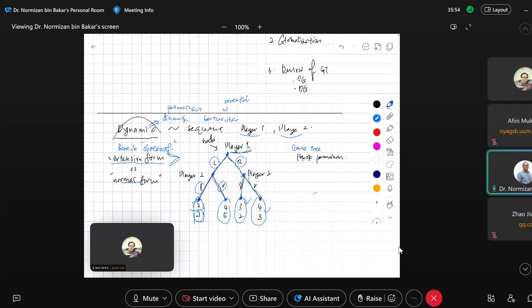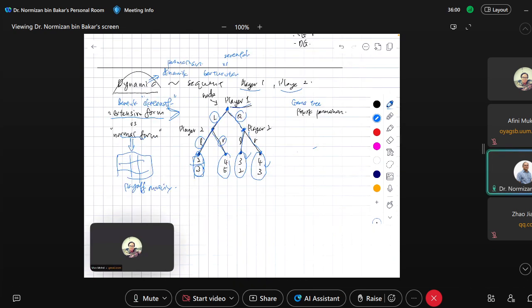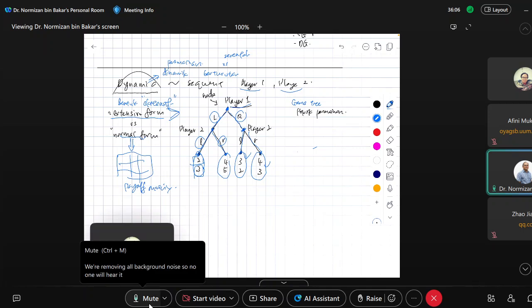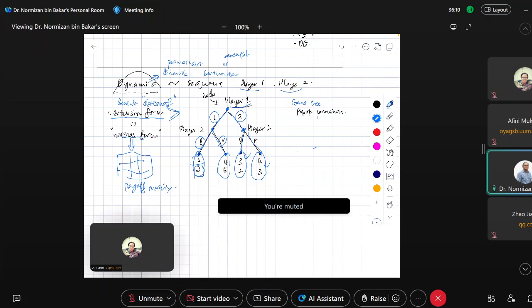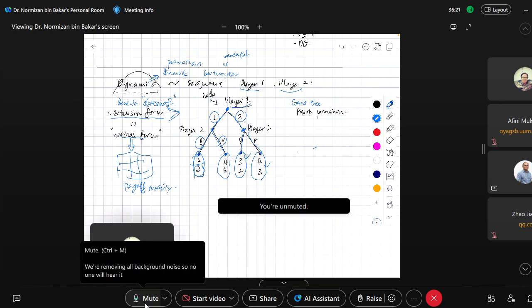Simply, we can say extensive form we use game tree, meanwhile normal form we use payoff matrix to illustrate the game. So you get it? Yes, doctor. Thank you.